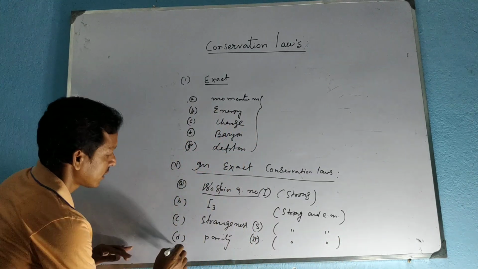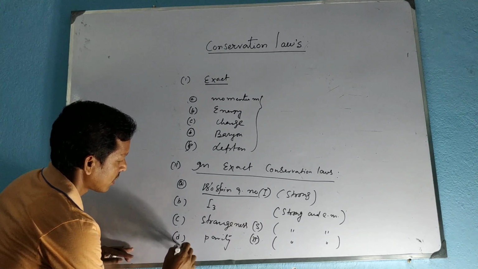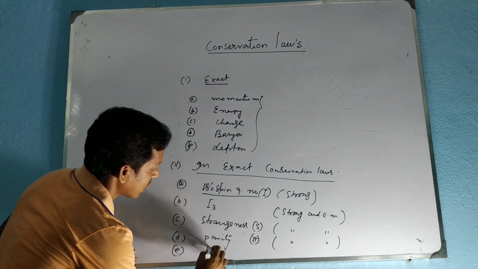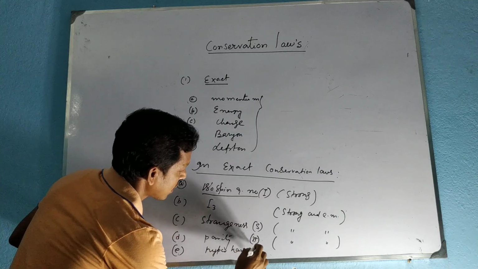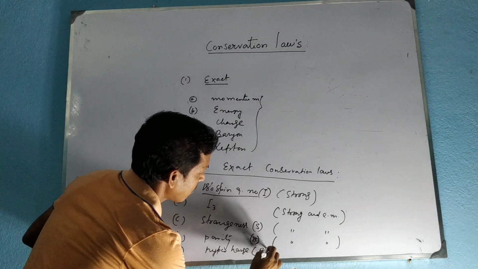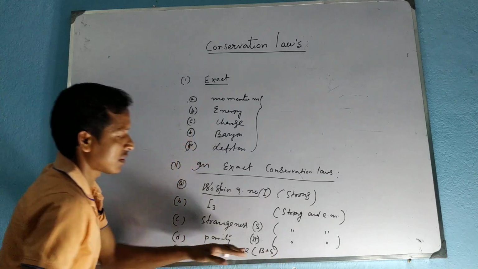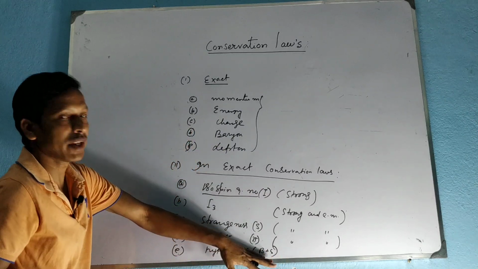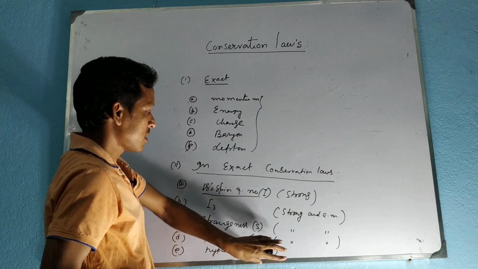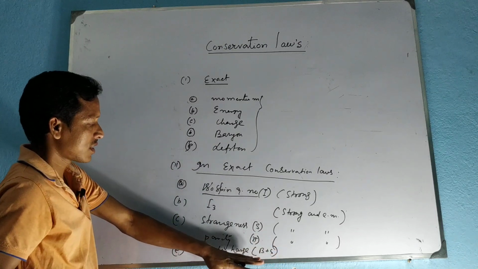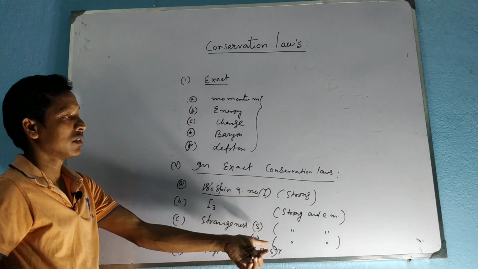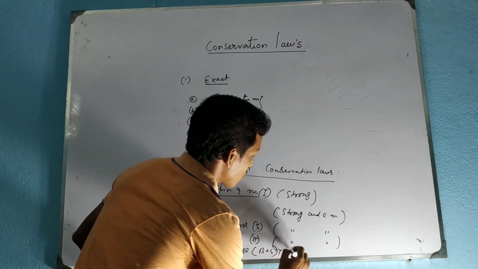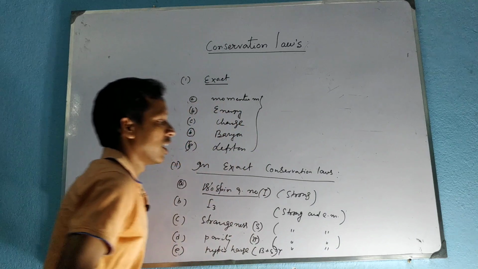And another one is hypercharge. Hypercharge means baryon number plus strangeness number. The sum of baryon number and strangeness number is called hypercharge, denoted by Y. This quantum number is conserved again in strong interaction and electromagnetic interaction.